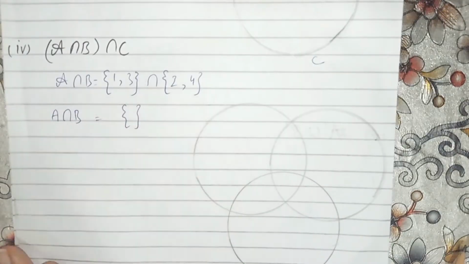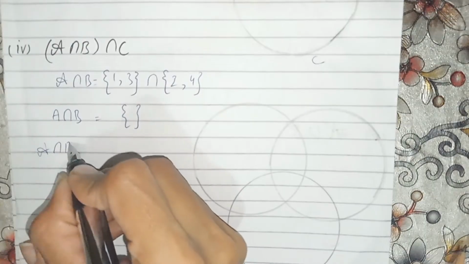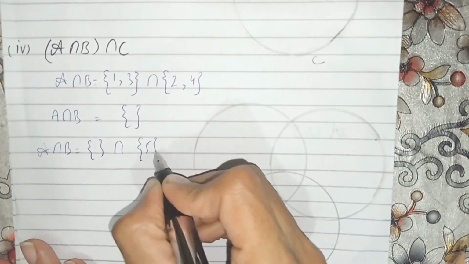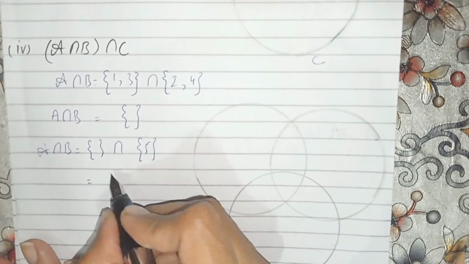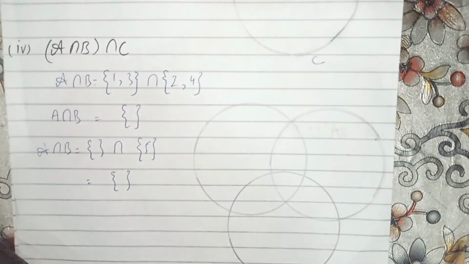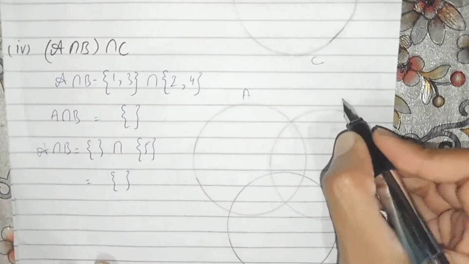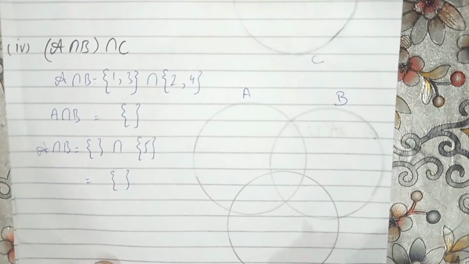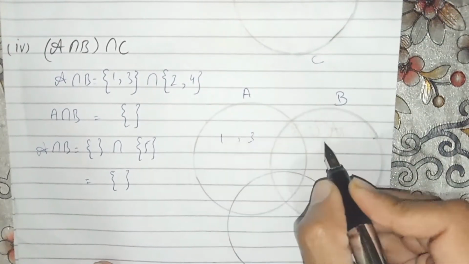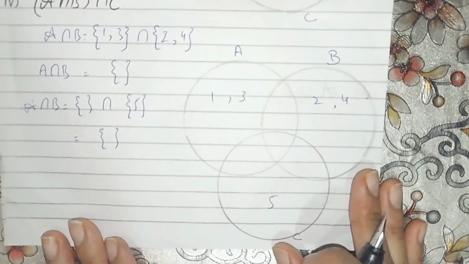When we take its intersection with C, which is 5, we get the empty set again. And now students, this is A, B, and C. A is 1 and 3, B is 2 and 4, and C is 5.